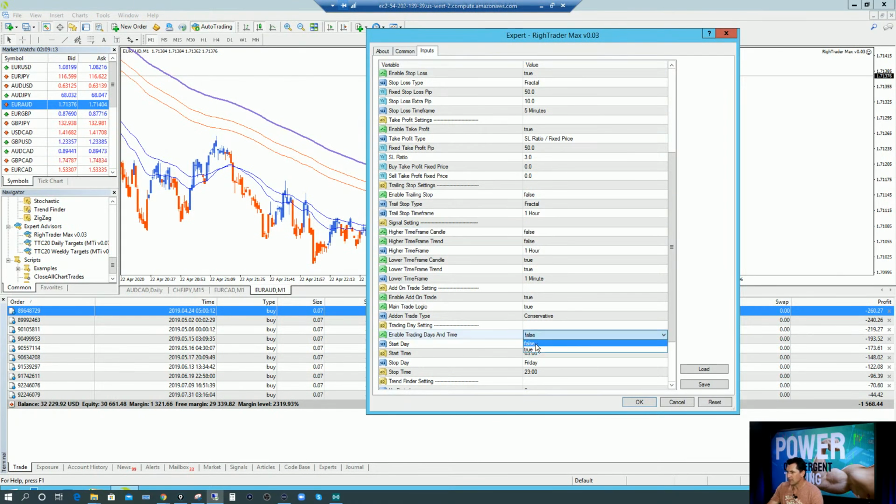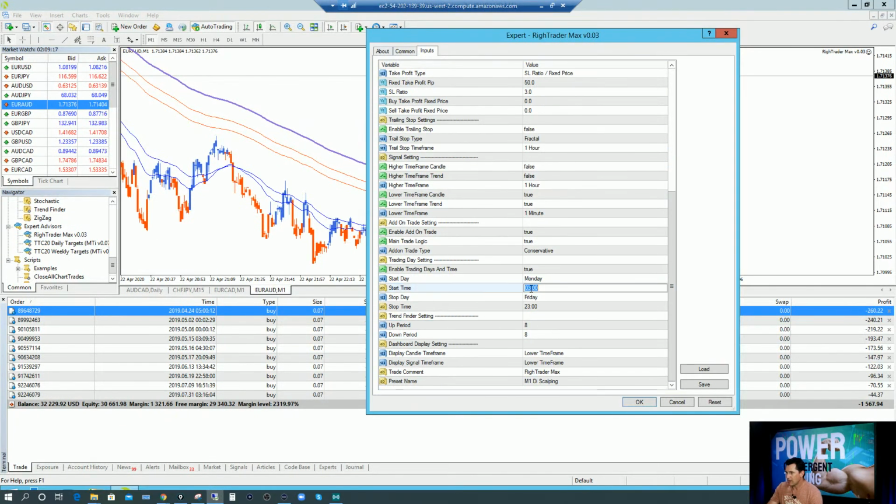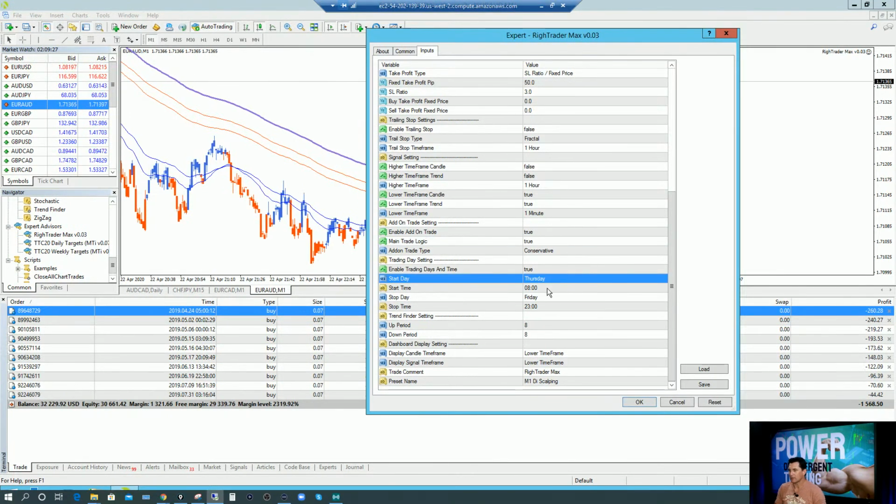But the only thing I'm going to do now is change the time. I want to do the same thing at around 8 o'clock, broker time, on the Thursday. I want to go ahead and start trading. So Thursday, 8 o'clock, I'm okay going ahead and deploying the trading system in that direction and starting to find a trade heading south.